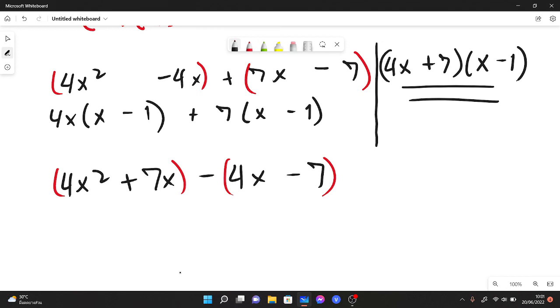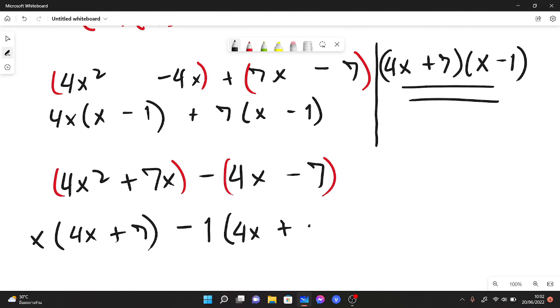The common factor of 4x squared plus 7x is only x. So we have x times 4x plus 7, right? Then we have minus the common factor of 4x and negative 7, which is 1, times 4x plus 7. Why plus 7? Because negative 1 times positive 7 is negative 7.